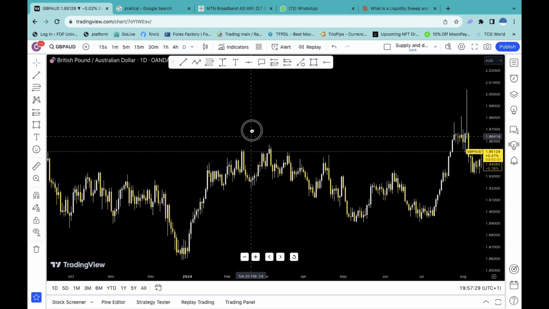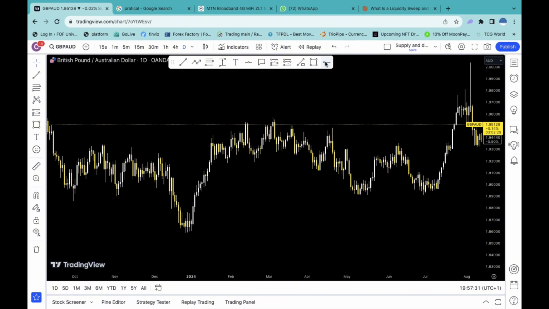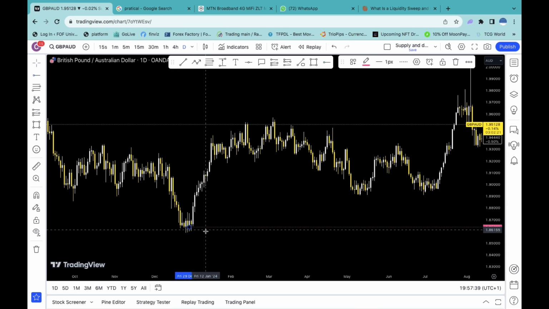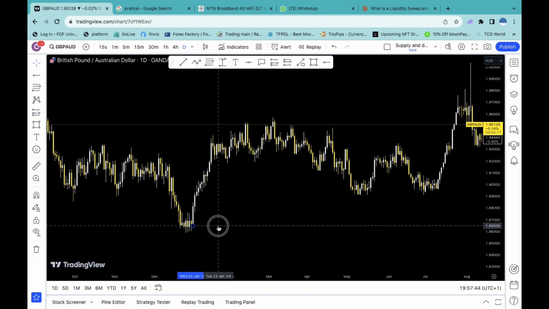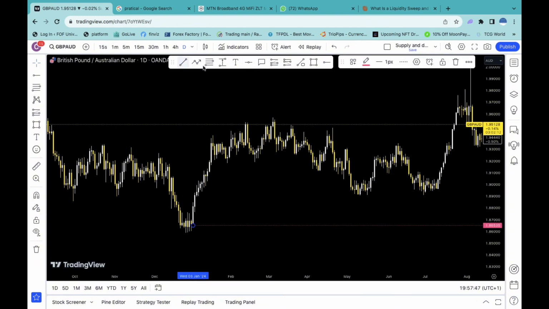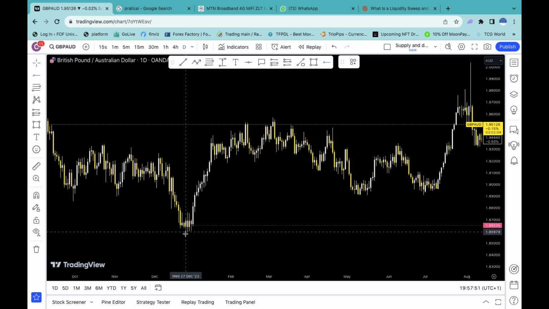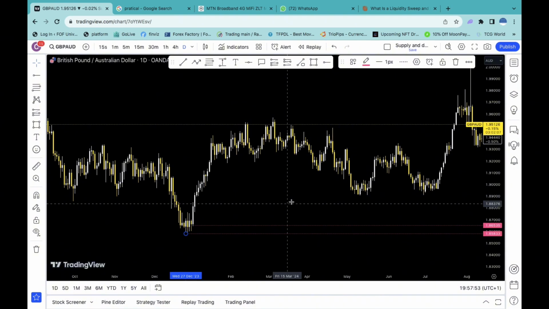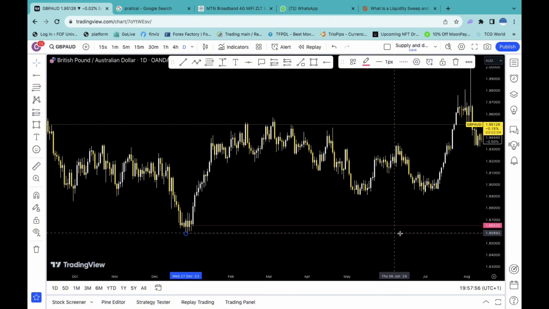So this is a body, body, body. This is the last bank candle. This is the wick. So I will use this as POI.